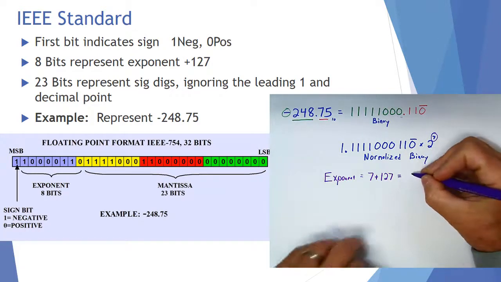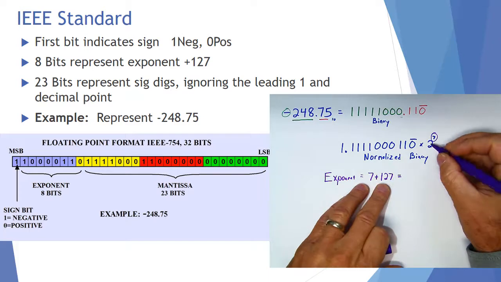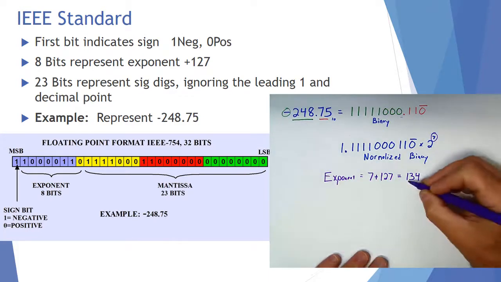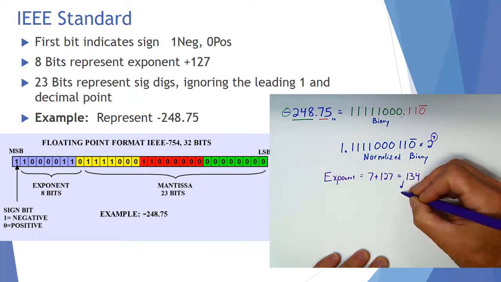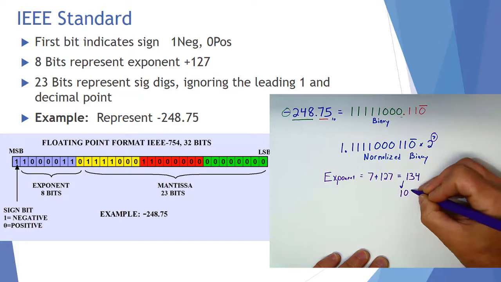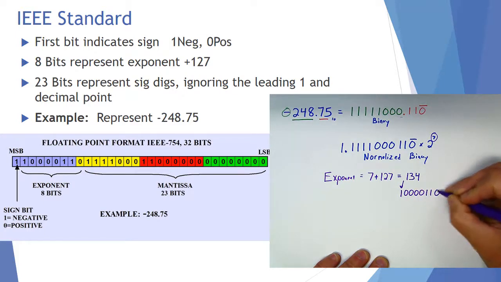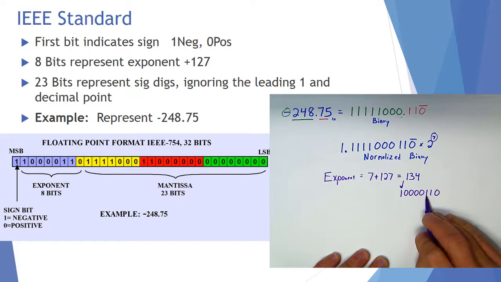So our exponent value here is 7 plus 127, or 134. Now 134 converted into binary is going to consist of 1 0 0 0 0 1 1 0. That's a 2, a 4, and a 128.